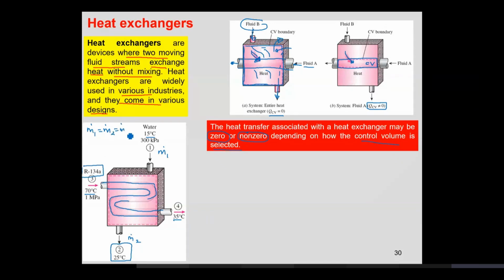Similarly, whatever amount of refrigerant is entering at inlet 3 is leaving the system at exit 4, which means the mass flow rate at inlet 3 is equal to the mass flow rate at exit 4, which is the mass flow rate of the refrigerant. It is leaving the system at the same rate. This is the mass balance equation for the heat exchanger.